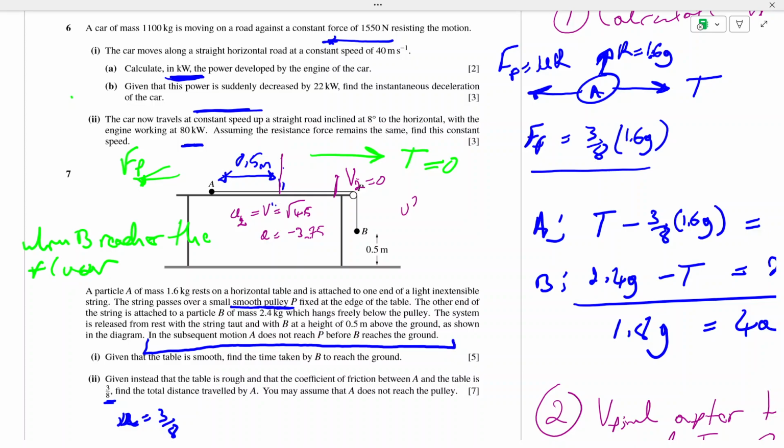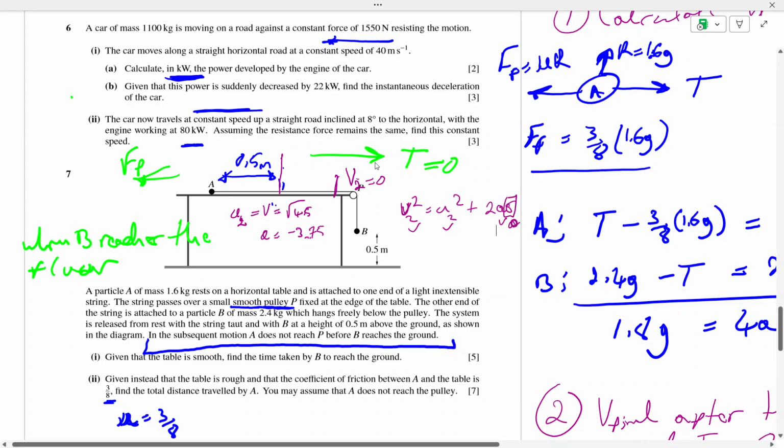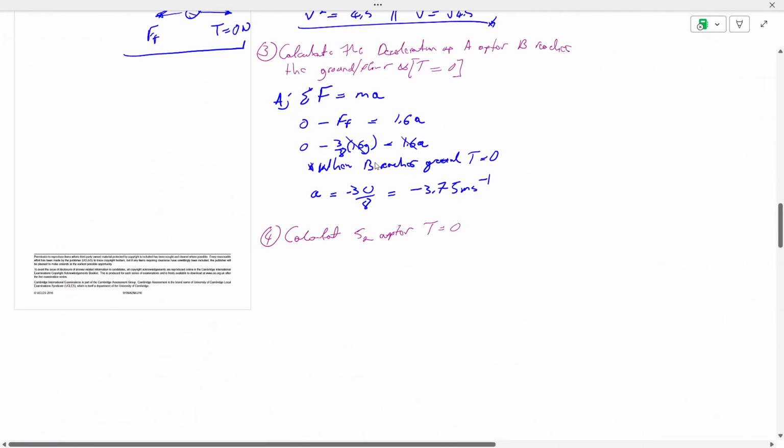So I can use v squared is equal to u squared plus 2as. Since I have v2, u2, and the deceleration, now I need to find the distance.